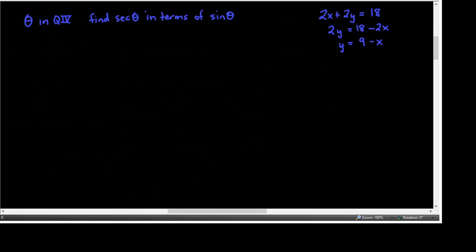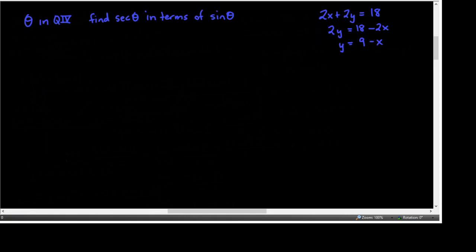Now, of course, operations like addition, subtraction, multiplication, division, numbers, other things can be in there. But when this says find secant theta in terms of sine of theta, I want secant of theta equal to, and what's on the other side, the only trig function that should be over there is sine of theta. Okay?